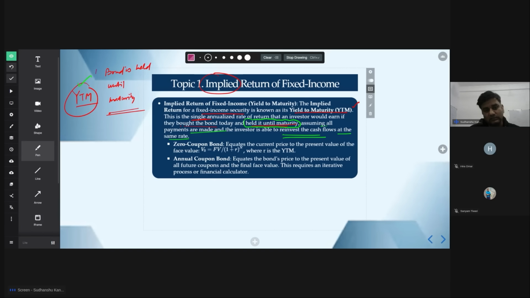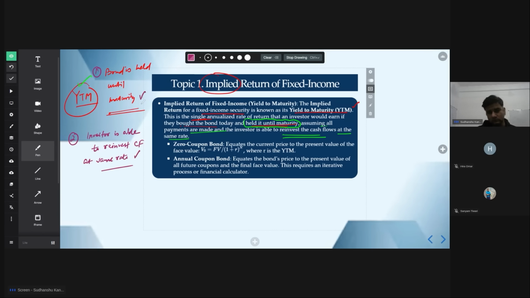Very important, this is tested in the exam: the investor is able to reinvest at the same rate.